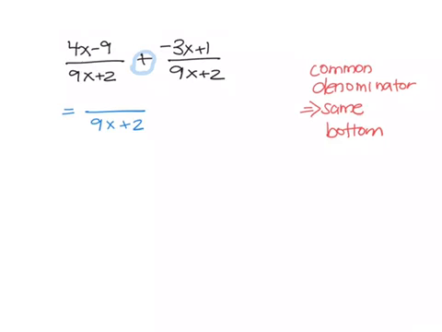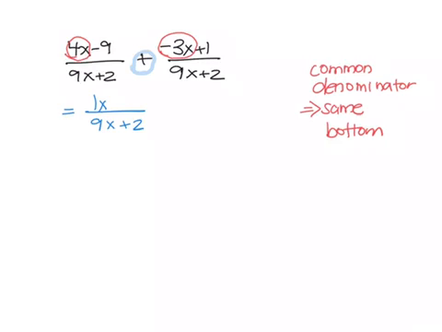Really what this comes down to is looking for like terms. On the top, I have 4x in the left side fraction, and in the right side I have negative 3x. Those are like terms. So when I take 4x plus negative 3x, I get 1x.